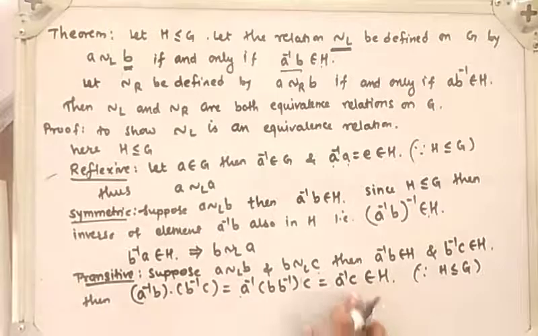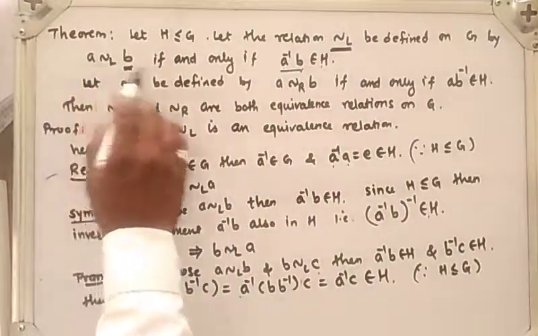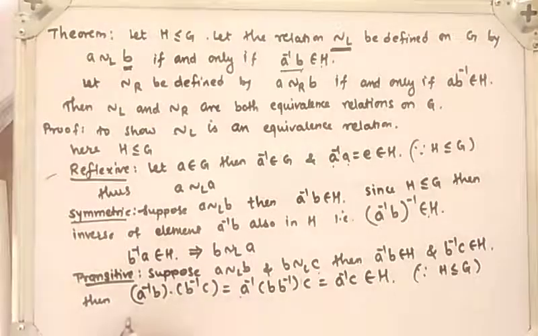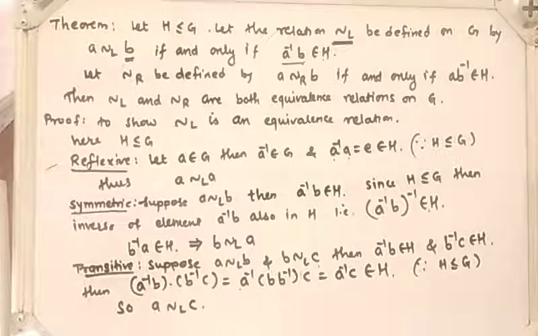So from that condition, if A inverse B belongs to H, then A inverse C belongs to H. Hence A is equivalent to C. So A is equivalent to C means what? Tilde L is reflexive, symmetric and transitive, which means tilde L is an equivalence relation.